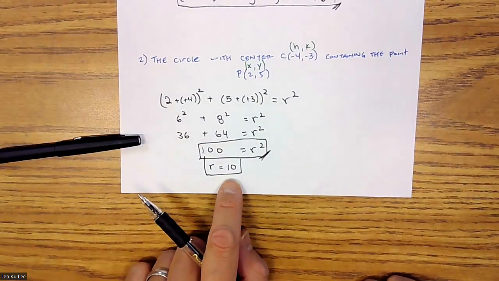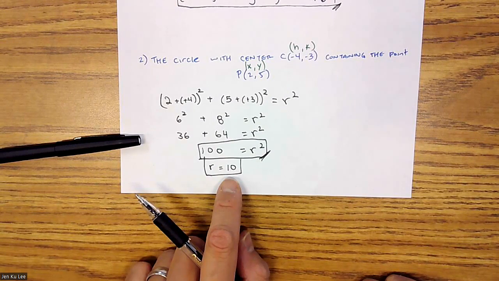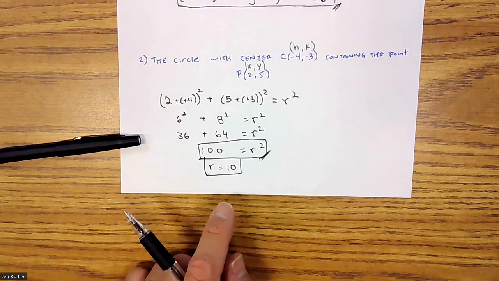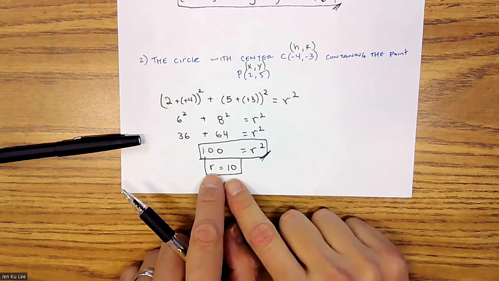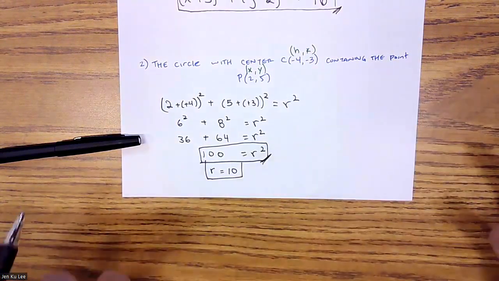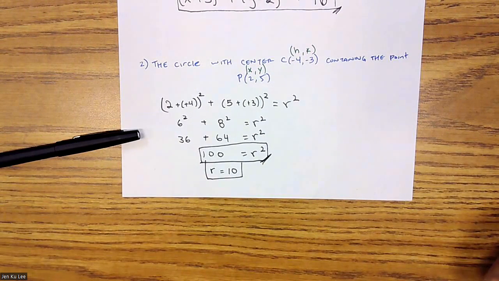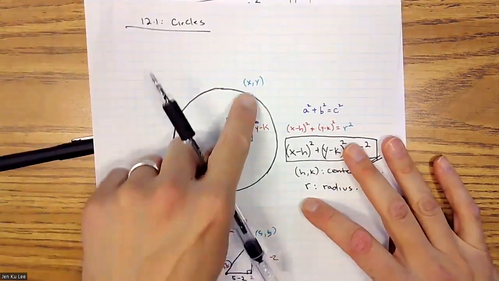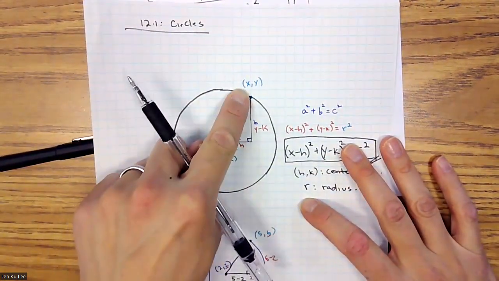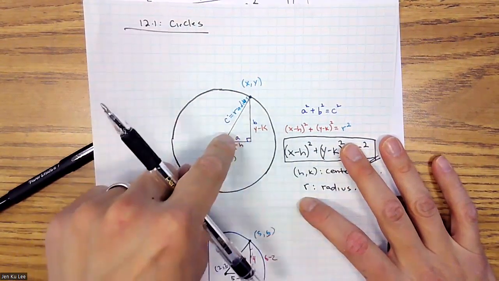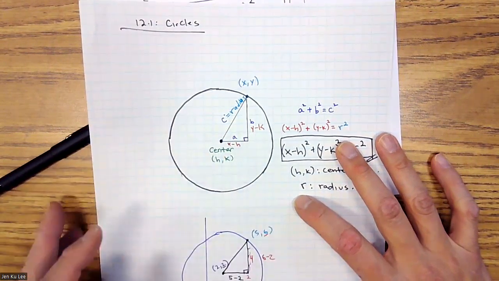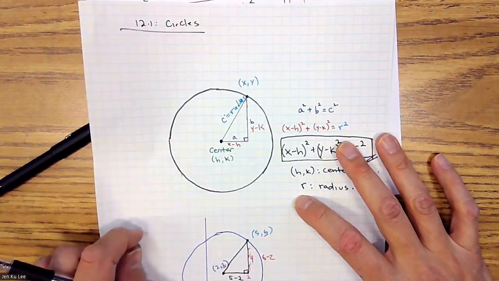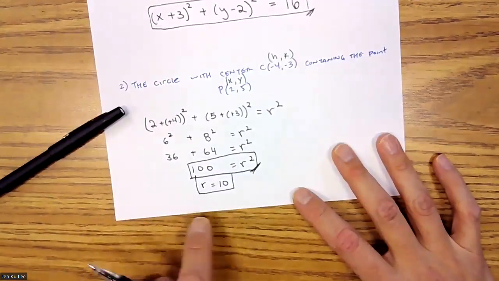But why is it only positive 10? You can't have a negative radius. The r now represents a physical thing, correct? It represents this line here, correct? So because it represents a physical thing that cannot ever be negative, it's always going to be positive. That's why we only take the positive.